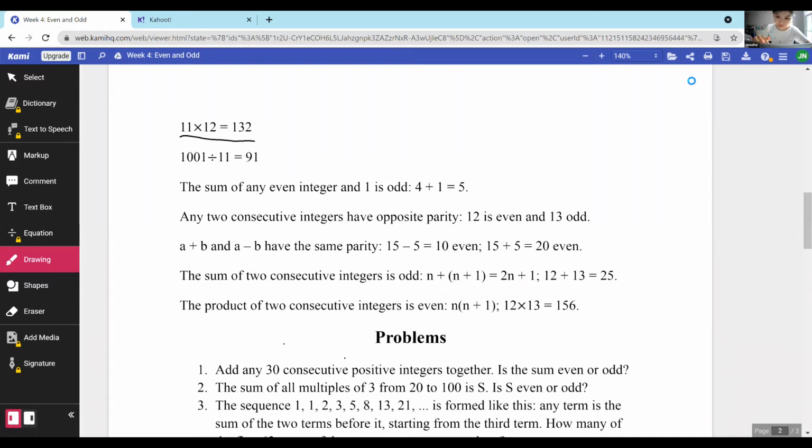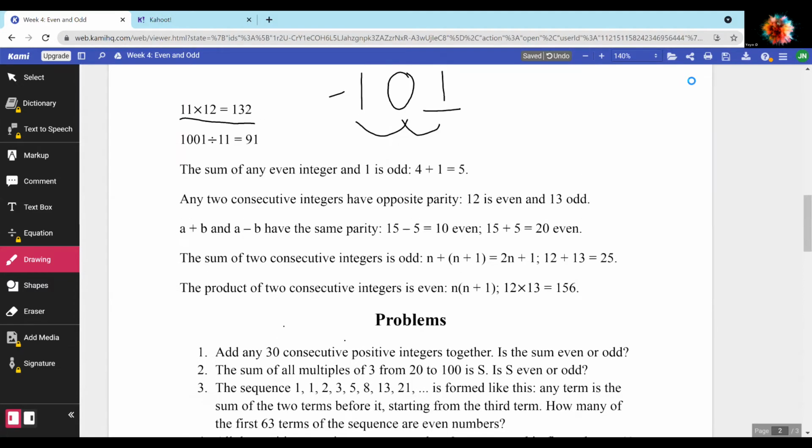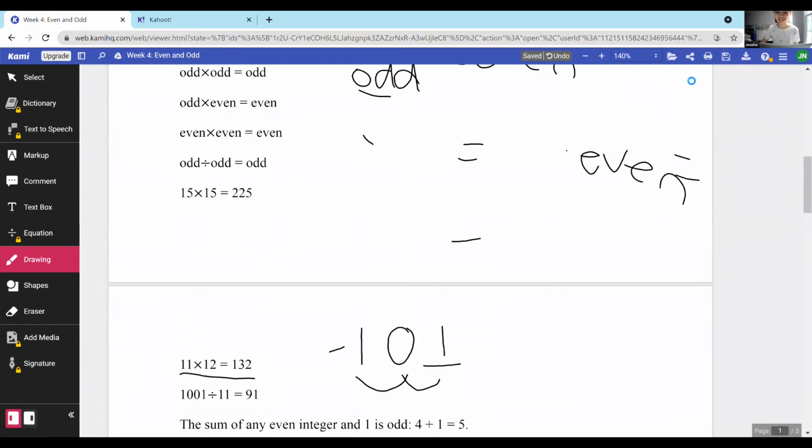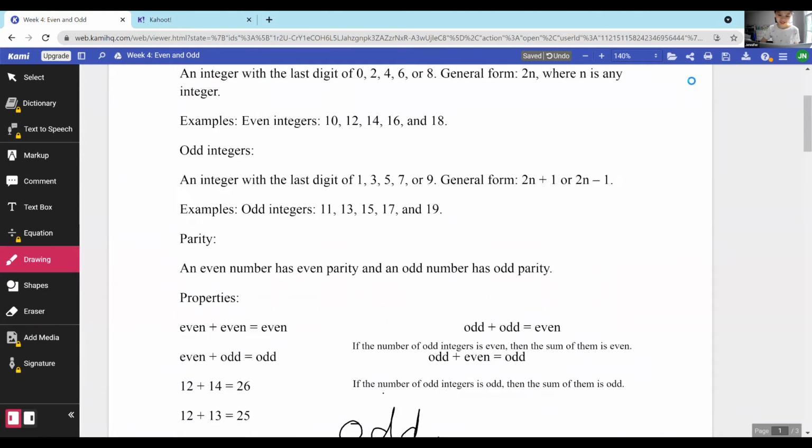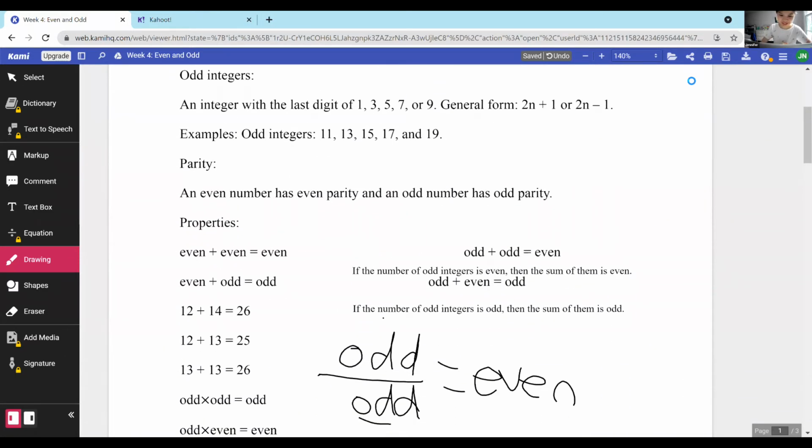For example, 0 is even, but then 1 is odd, and negative 1 is also odd because it's the same distance from 0. What's a parity? Parity is basically a word that describes studying whether numbers are even or odd.